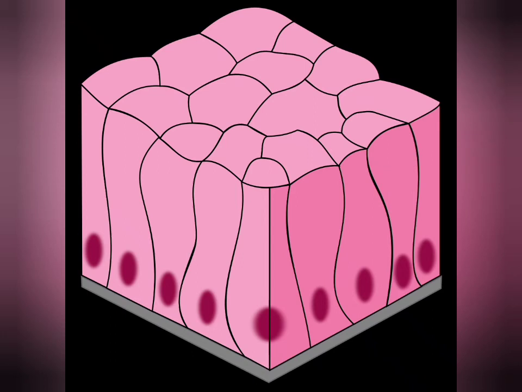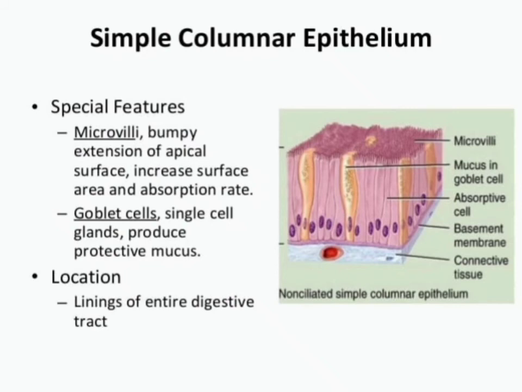So as a whole we can say simple columnar epithelium has special features like microvilli, bumpy extension of the apical surface, increased surface area and absorption rate. Goblet cells, single cell glands, produce protective mucus. These are the special features. And what about the location? Linings of the entire digestive tract.